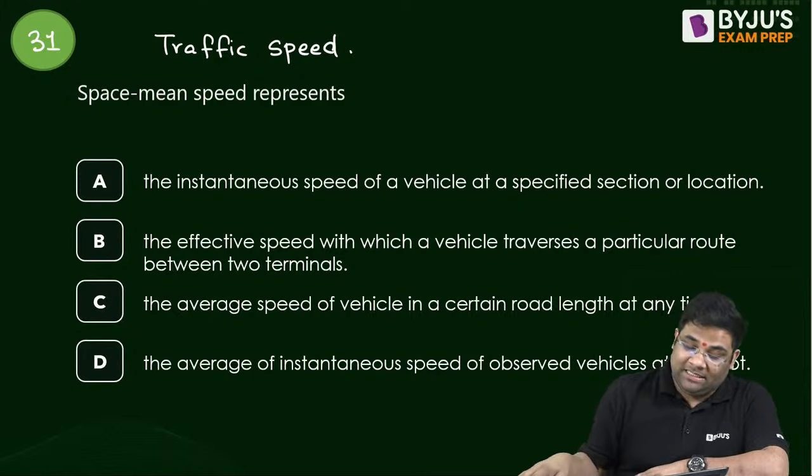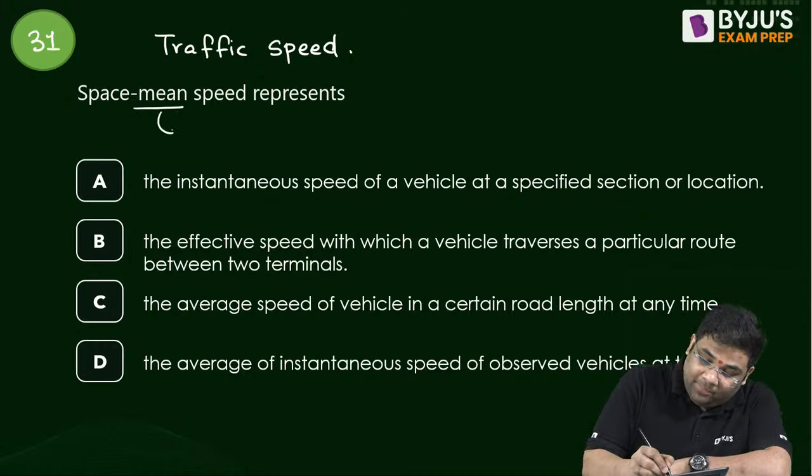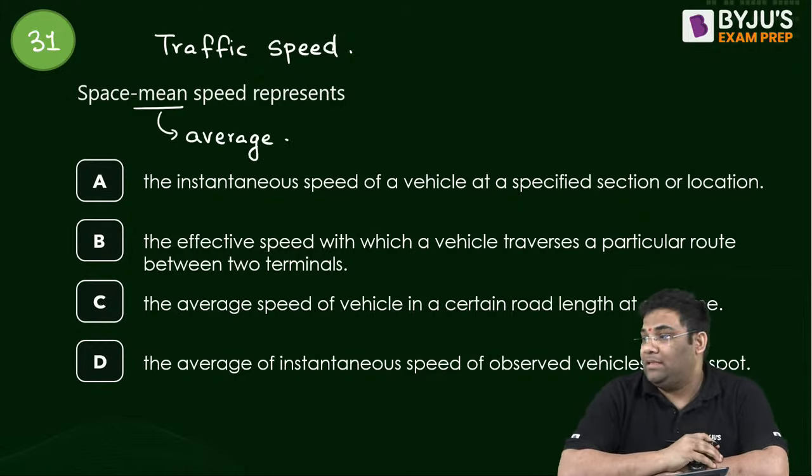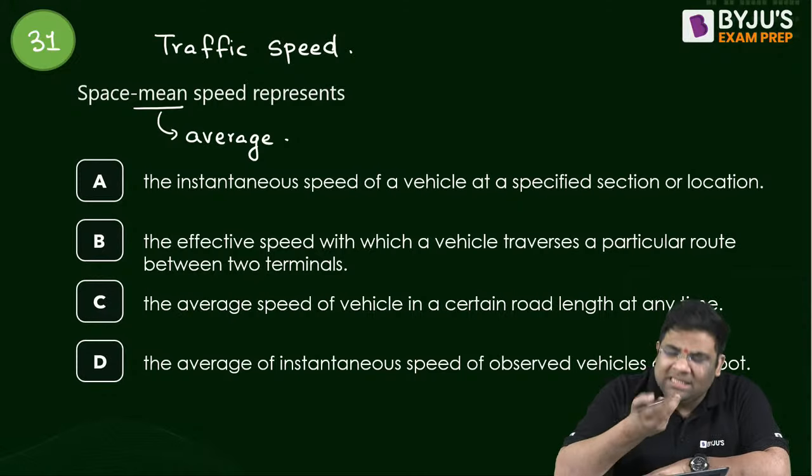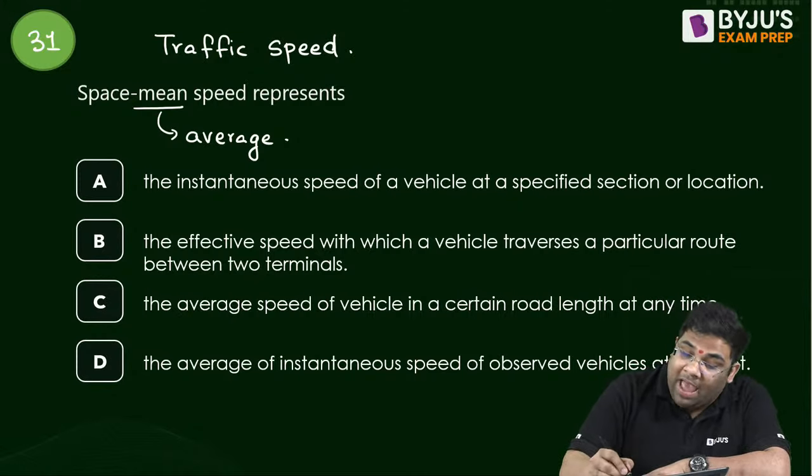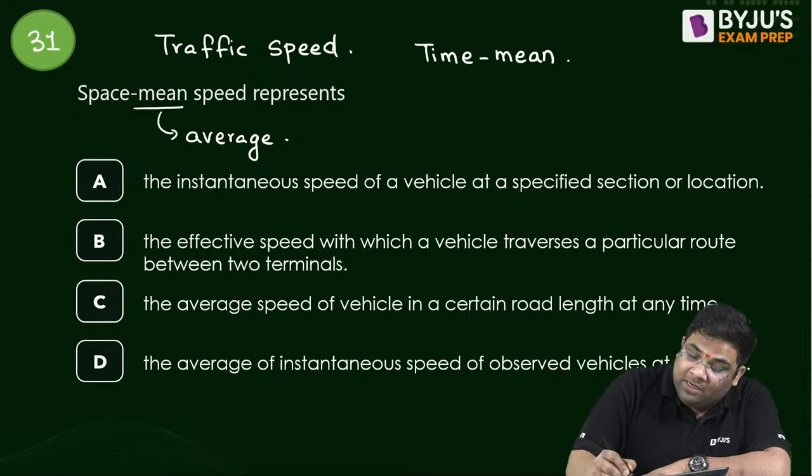Space mean speed. See, mean speed means it's an average speed, right? It will not be instantaneous speed. Now average speed can be of two kinds. One is the time mean speed and one is what?